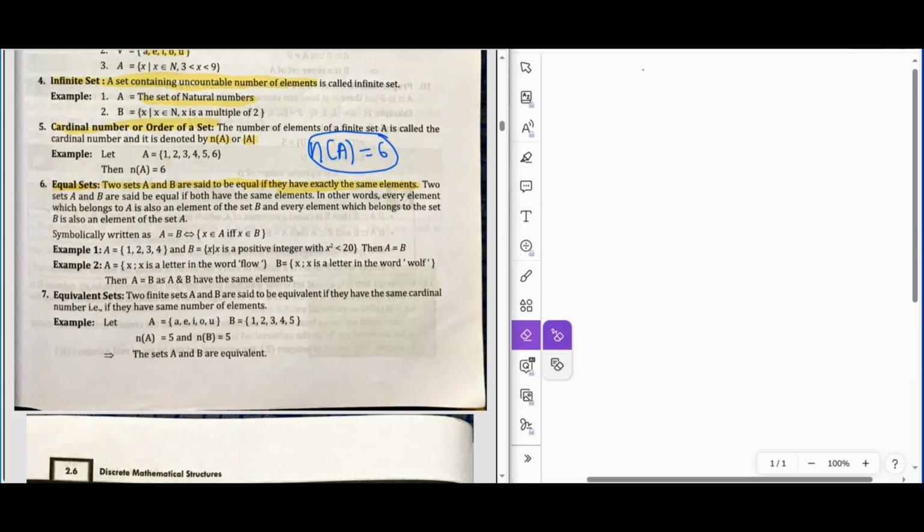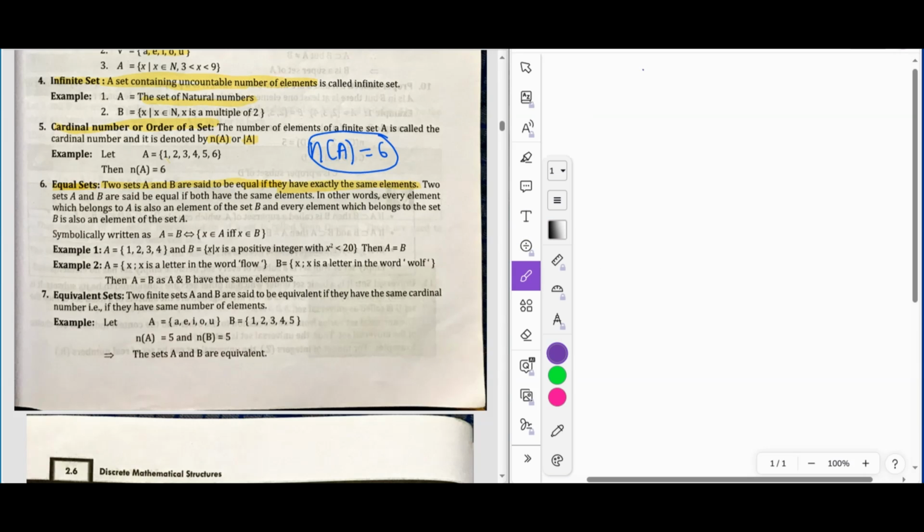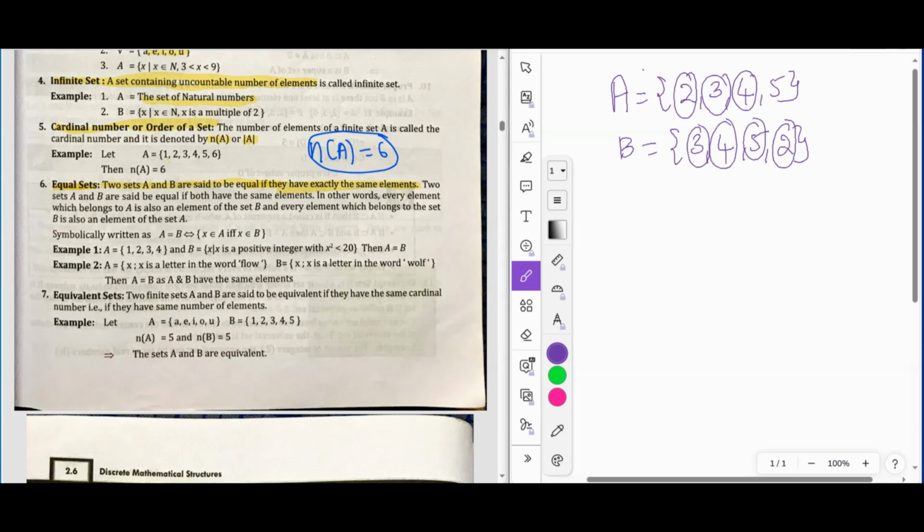For example, if I take A as 2, 3, 4, 5, and B as 3, 4, 5, 2. Here we have exactly the same elements: 2, 3, 4, and 5. It has the same elements in A and B, therefore A is equal to B.